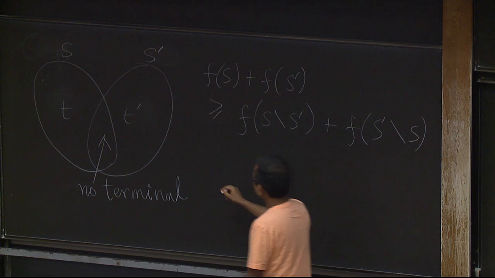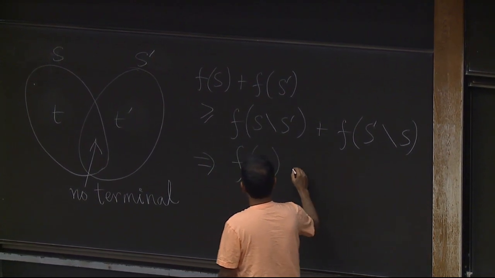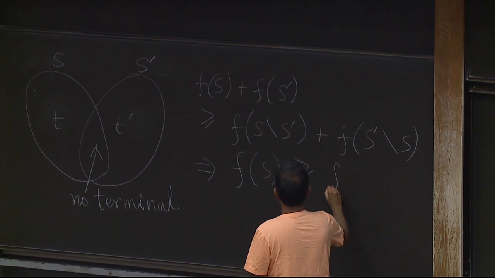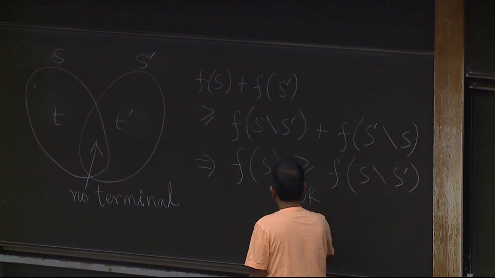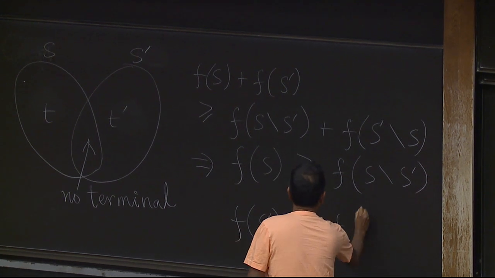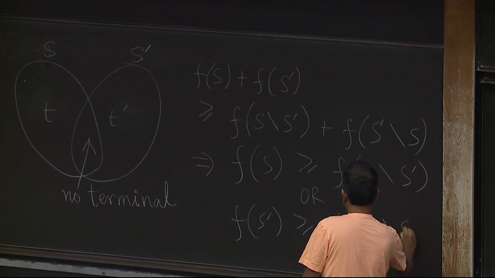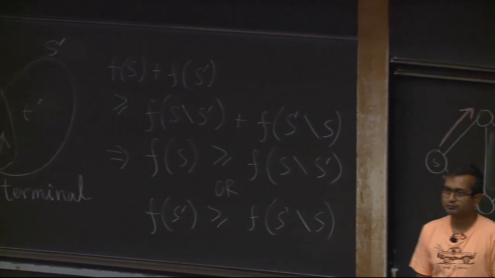And at this point I'm done, because this implies that one of 2 properties is true. Either f of S is at least f of S minus S prime, or f of S prime is at least f of S prime minus S. At least one of these 2 must be true.